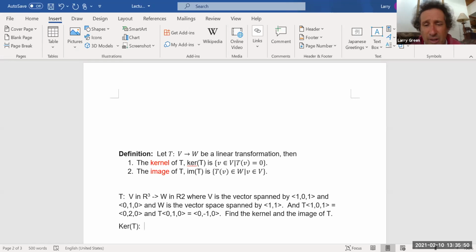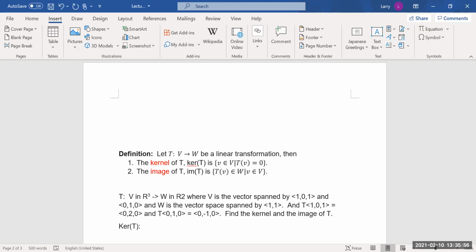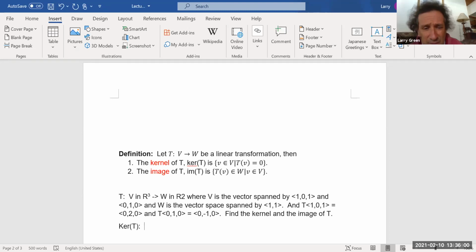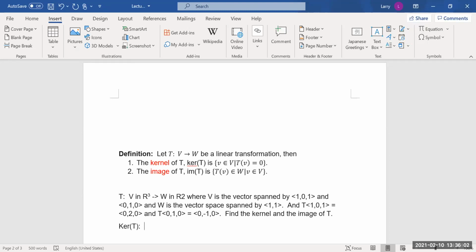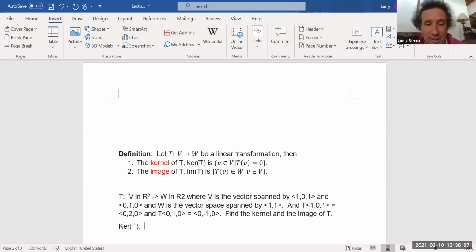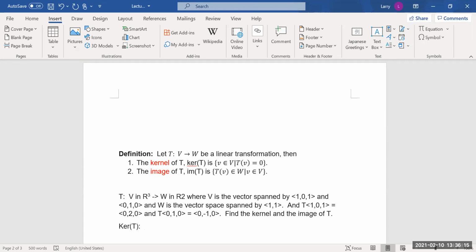How do you find the kernel of T? You can find the matrix, but let's do it without the matrix for now, because at the end of today we'll learn how to find the matrix. We need T of the vector equal to 0.